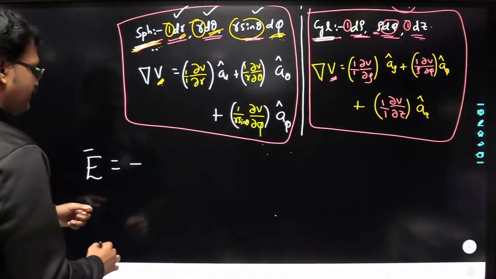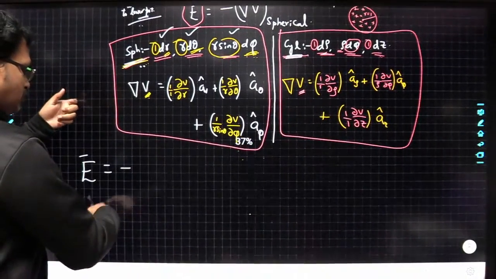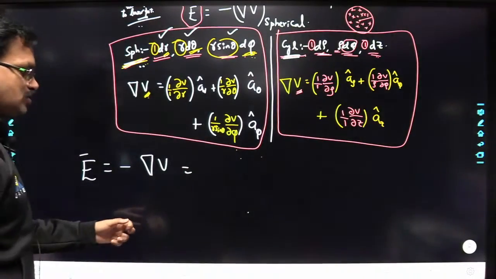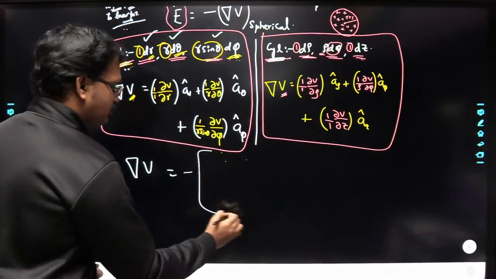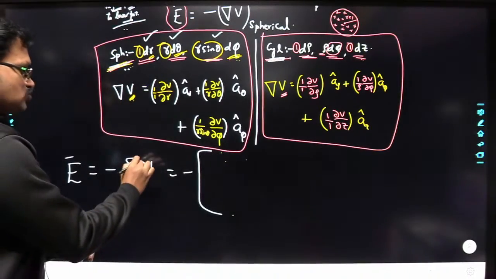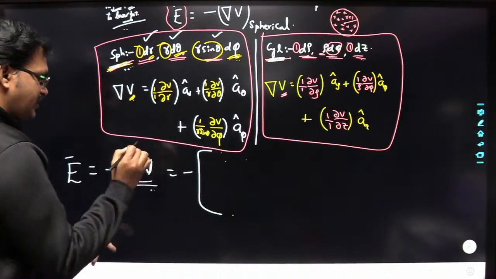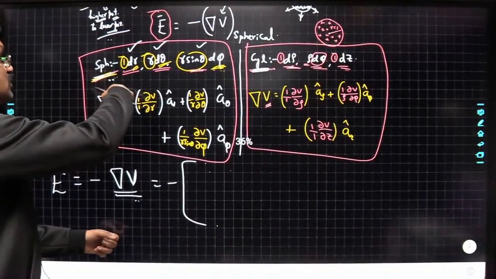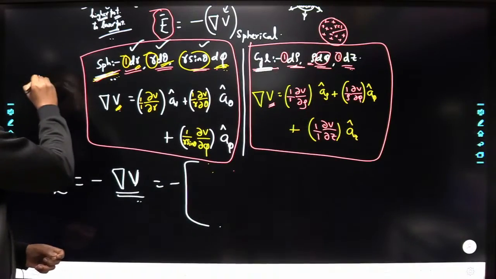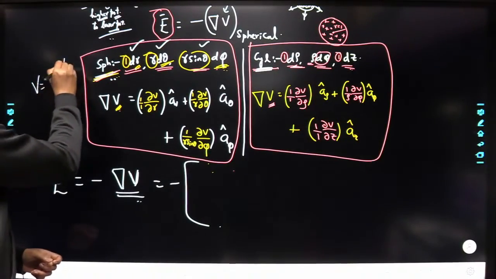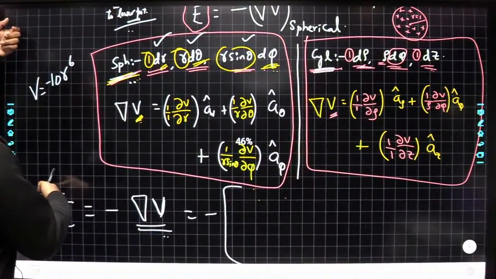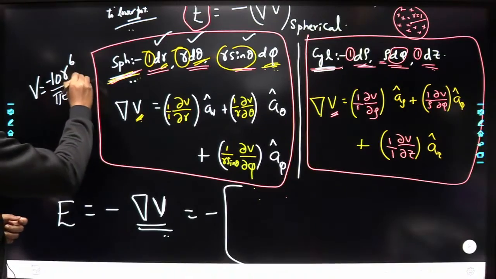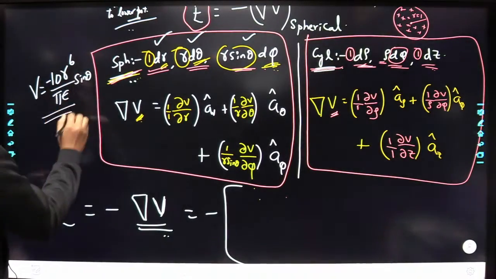So electric field E bar is equal to minus of gradient of V. Expand this gradient in spherical coordinate system, what are you going to get? Tell me. So here I am writing V. V is equal to minus 10 into r power 6, by pi epsilon, into sine theta. So this is the potential we have.